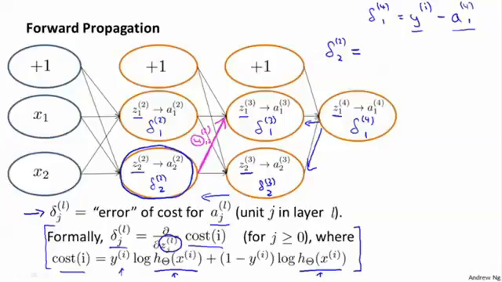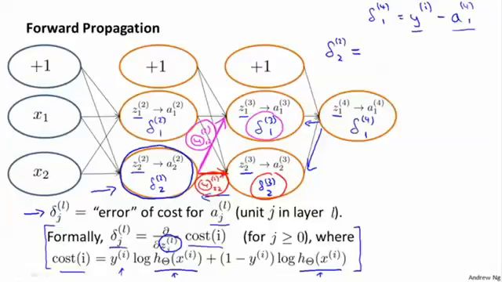And this weight down here, let me highlight in red, let's say that's theta^(2)_22. If we look at how delta^(2)_2 is computed for this node, what we're going to do is take this value and multiply by this weight and add it to this value multiplied by that weight. So it's really a weighted sum of these delta values, weighted by the corresponding edge strength.